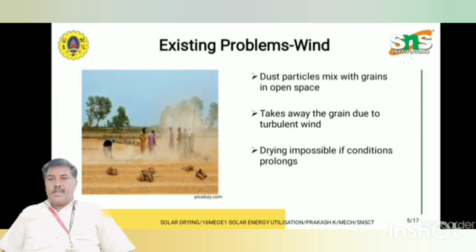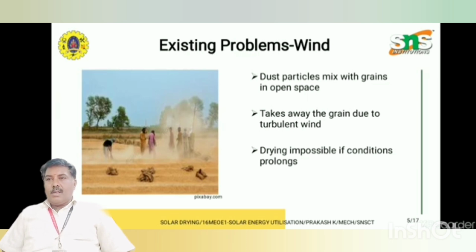So the third problem is the wind. As the grains, wheat and every material are dried in the open space, due to the wind, it takes the lightweight grain particles away from the drying place, and also the dust and other unwanted particles mix with the grain materials which are dried in the open space because of the turbulent wind.